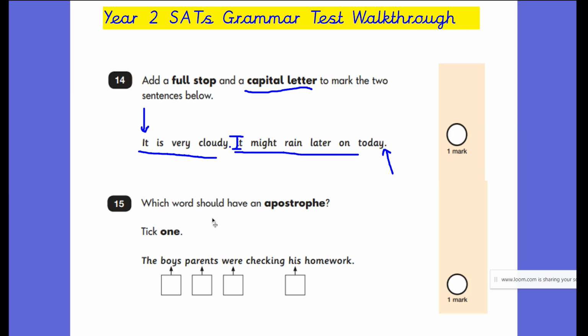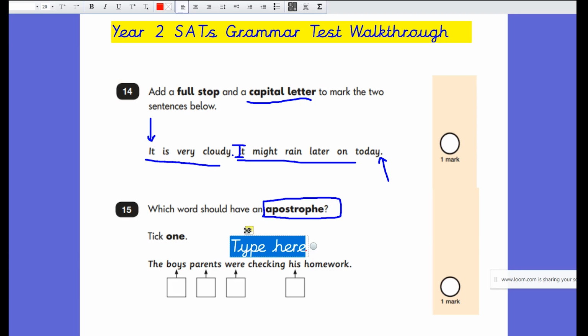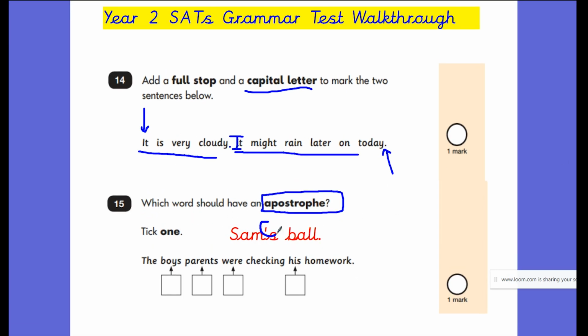Okay, which word should have an apostrophe? We've talked a little bit about apostrophes used for contracted spellings, but they're also used for possession, when you say that something belongs to somebody. So, "It was Sam's ball." If the ball belonged to Sam, you would need an apostrophe before the S like this.